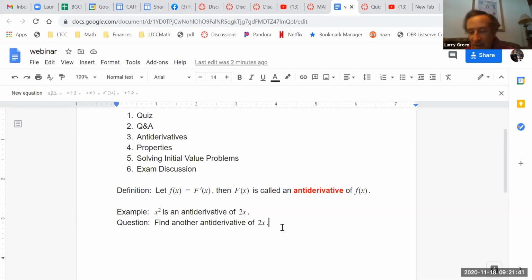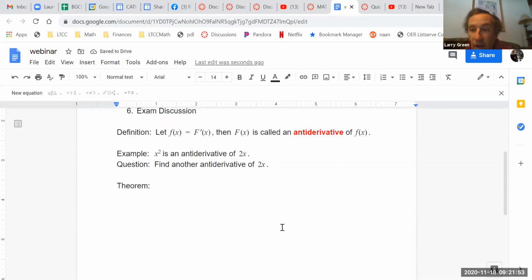Okay. So here's a big theorem. The theorem says not only does adding a constant work, but it's the only thing that works. So here's the theorem: let capital F of x be an antiderivative of lowercase f of x.